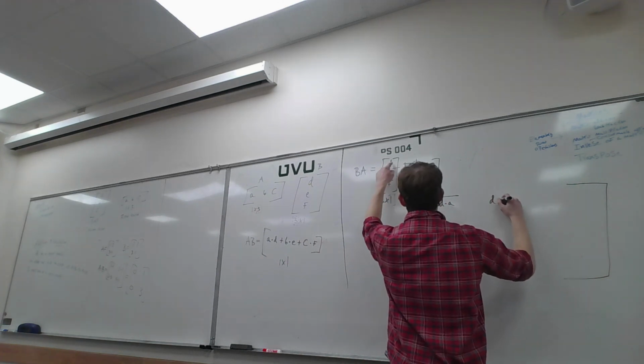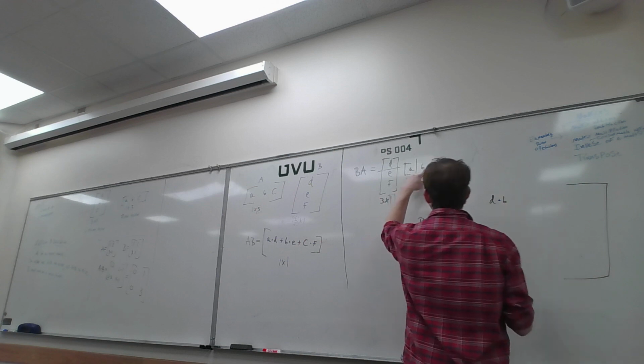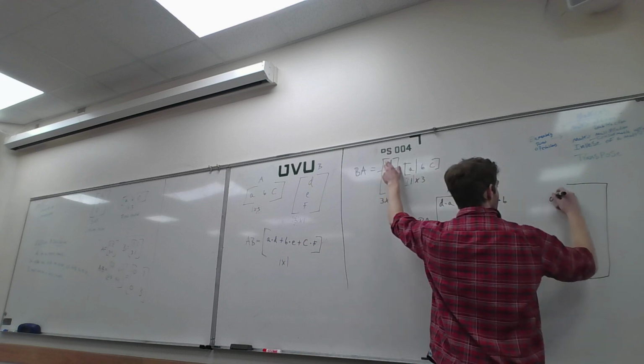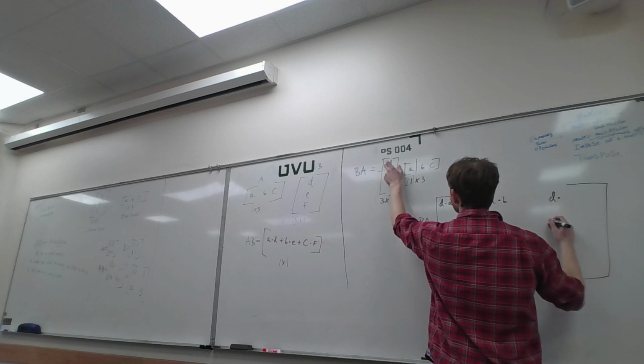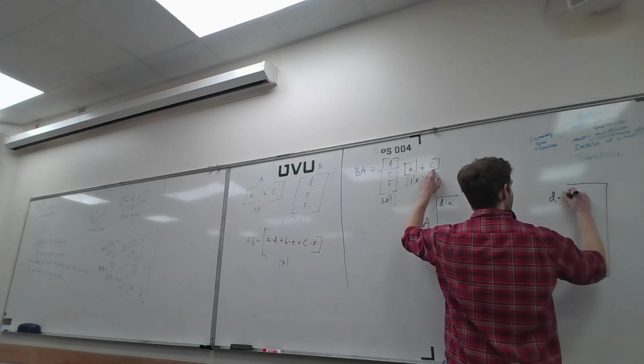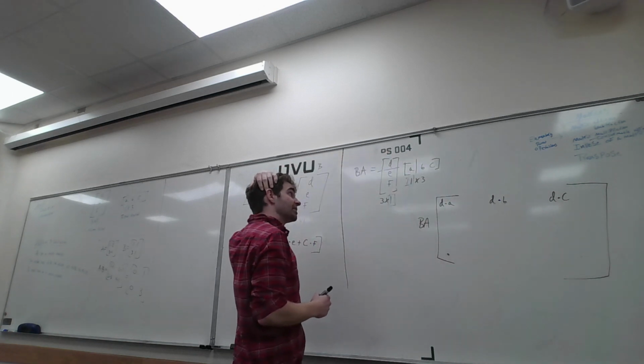So that's going to be D times B. And the third, we will get more practice with multiplication because this isn't clicking. The third is also going to be D, but now it's going to be times C.